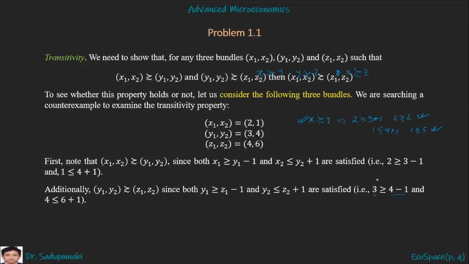So 3 should be greater than or equal to 3. It's all right for the first component. For the second component, 4 should be less than or equal to 6 plus 1. That means 4 should be less than or equal to 5, which is also all right. So we can see that y is weakly preferred to z.